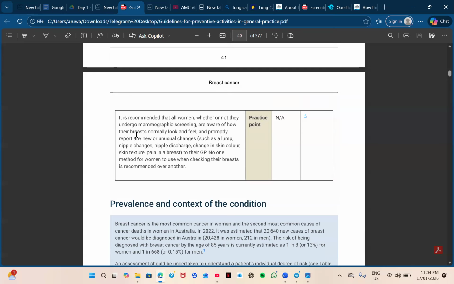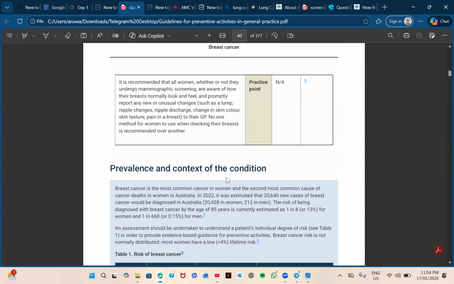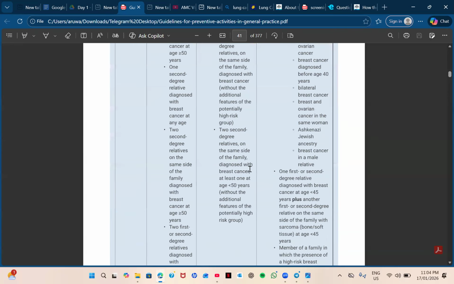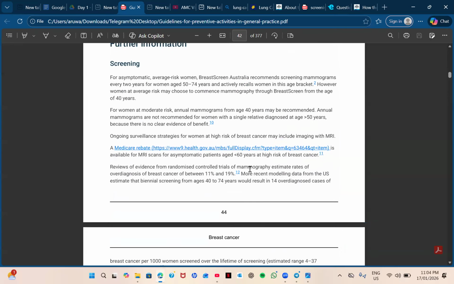We have to advise these patients if there is any lump or breast change, nipple discharge, or change in skin color, because these can be signs of cancer, right? So we have to advise patients to see the GP if they find these symptoms.